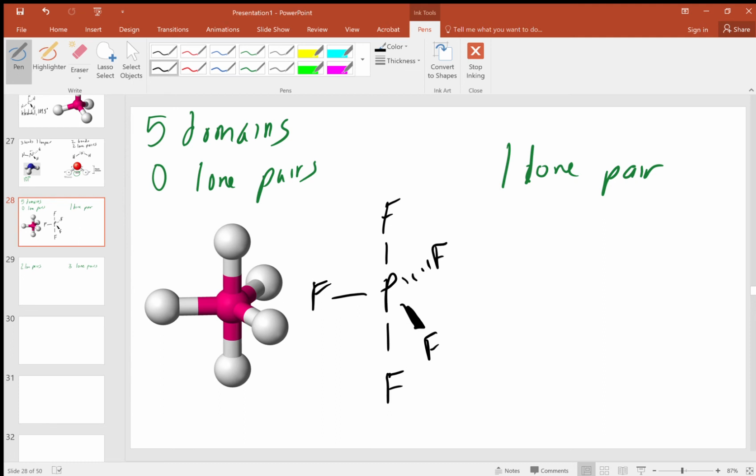That looks like that. As we said, this is known as trigonal bipyramidal. And the bond angles are 90 and 120.